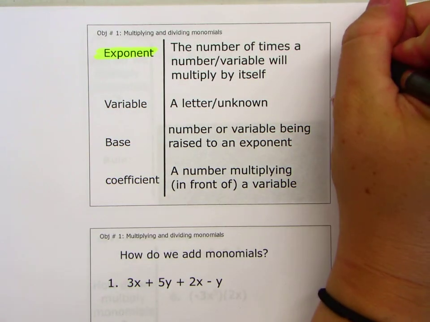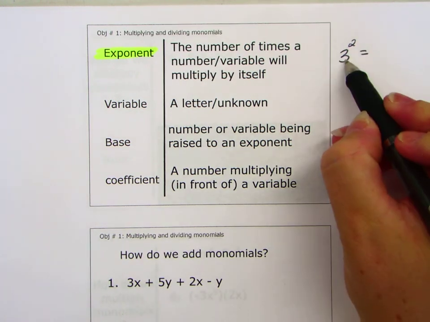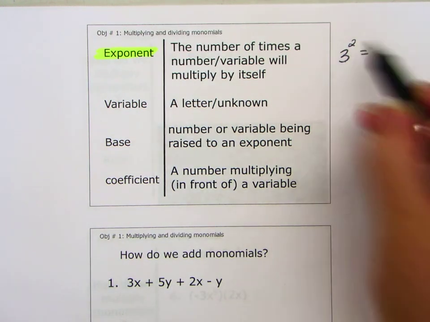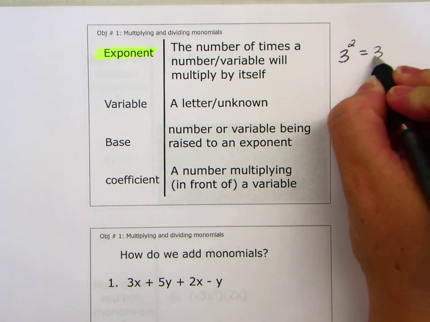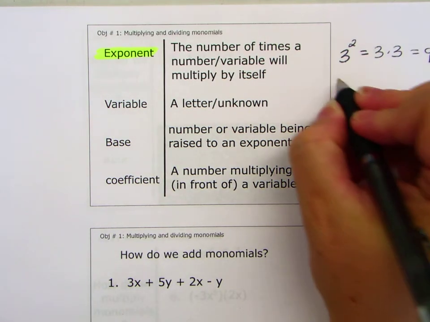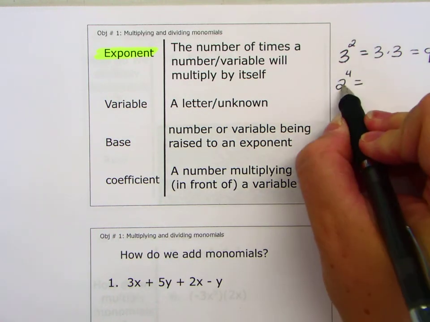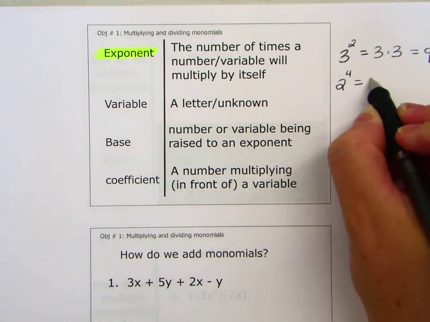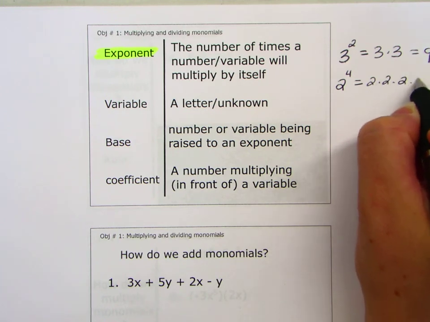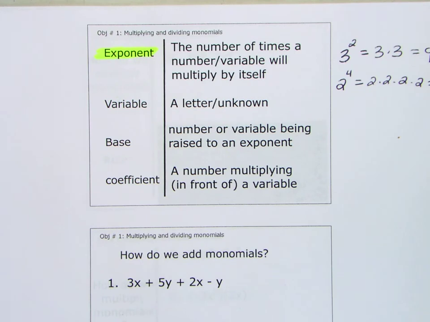So let's say you have 3 to the second. It's the number of times 3 is multiplying by itself. So this means 3 times 3, which is 9. Okay? 2 to the 4th. That means 2 is multiplying by itself 4 times. 2 times 2 times 2 times 2, which is 16. Okay? So that's what an exponent is.